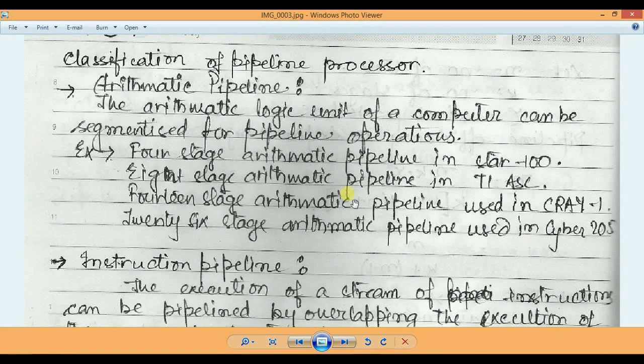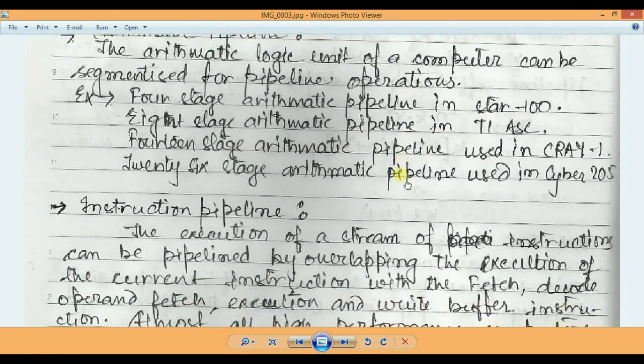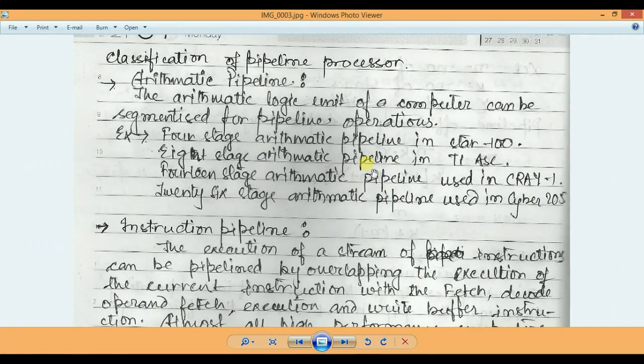The ALU operations can be segmented into a pipeline. The example given here, Star 100, is one of the examples. This is not something I need to teach you; you just have to read through it once.